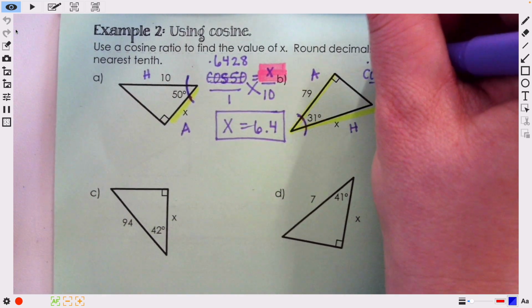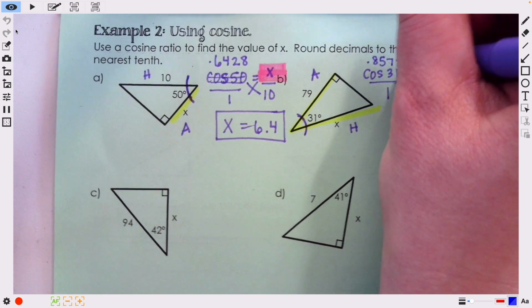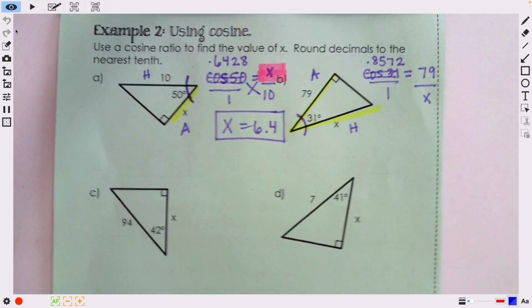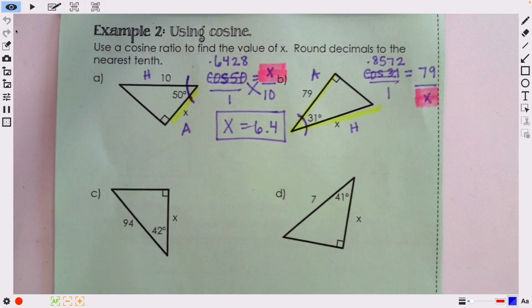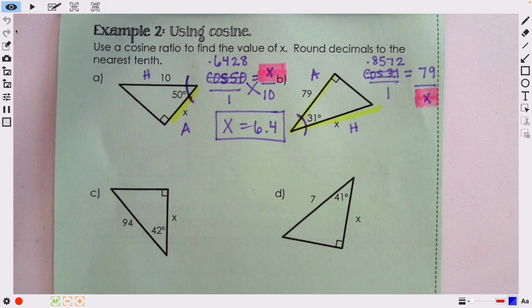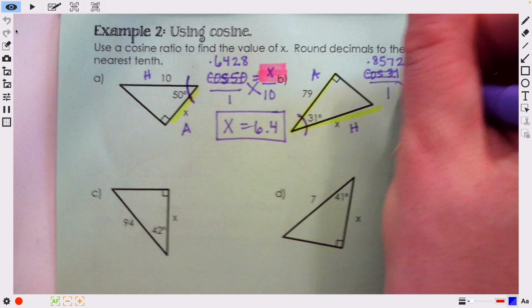We get 0.8572 technically. Again, if you use 0.8571, it's not going to affect anything. Cross multiply.